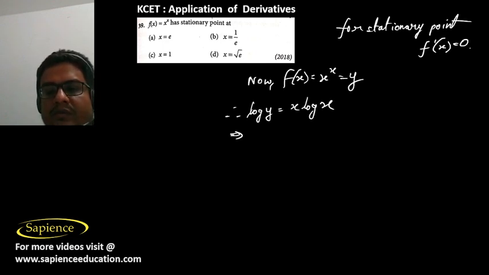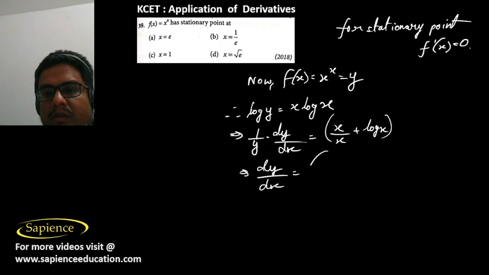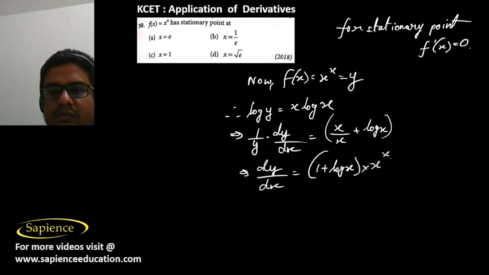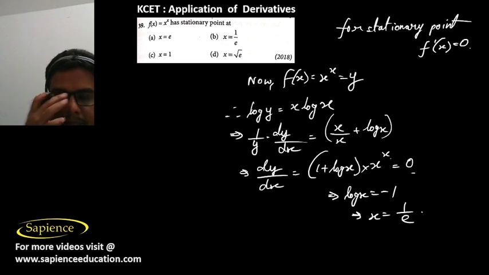Now differentiate both sides: (1/y) dy by dx is x by x plus log x, that is 1 plus log x. So dy by dx is y times (1 plus log x). For a stationary point this should be equal to 0, so x should be equal to e power minus 1, that is 1 by e. At x equal to 1 by e, f dash x is 0. Option B is the correct answer.